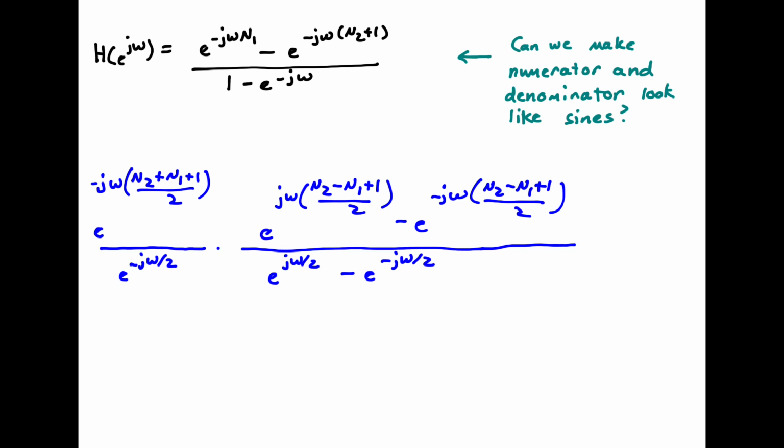But let's multiply them back through and see if this actually works, right? So if I multiply this by this term, I'm going to add the exponents. And if I add the exponents, the n2 term is going to go away, the 1 term is going to go away, and I'm just going to be left with e to the minus j omega n1 over 2 times e to the minus j omega n1 over 2, which is e to the minus j omega n1.